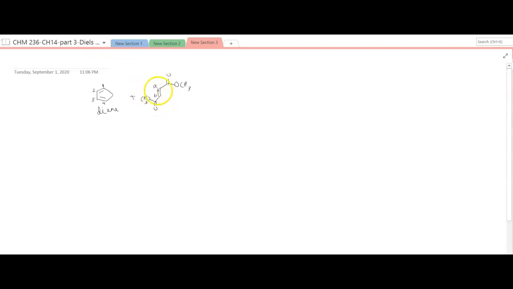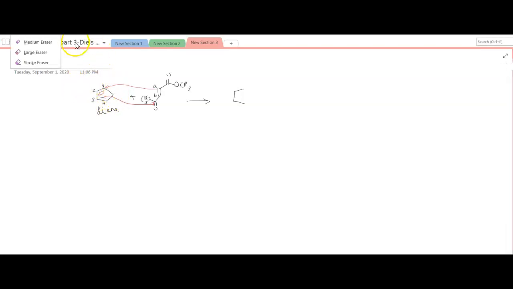Arrows can be drawn where this goes over here, this goes over here, and this goes over to this carbon atom. So what will be your product? This is a little tricky to draw because now it's a cyclic diene, right? So your final structure will be a bicyclo compound where you have to flip this end of this carbon atom up.